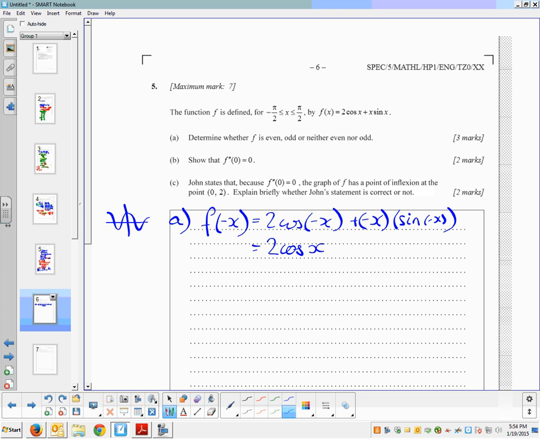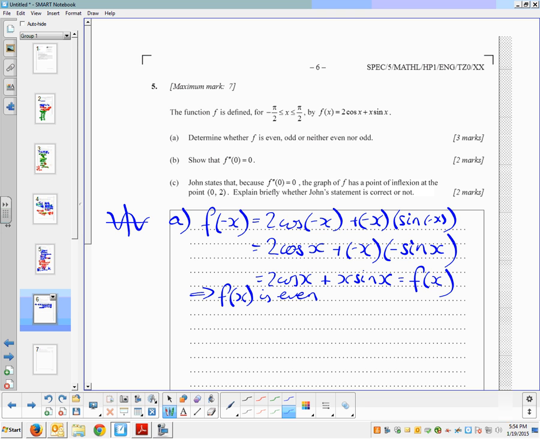By the same logic, sine is odd. So that's minus x times minus sine x, which is equal to 2 cos x plus x sine x, which is f of x, the thing we started with, which means that f of x is even.